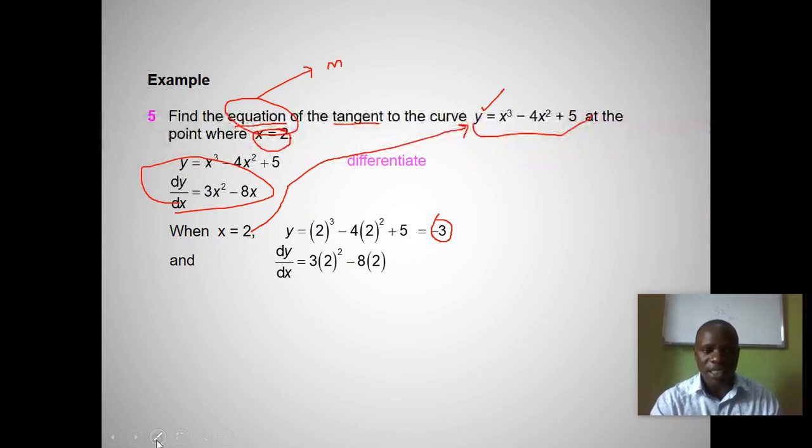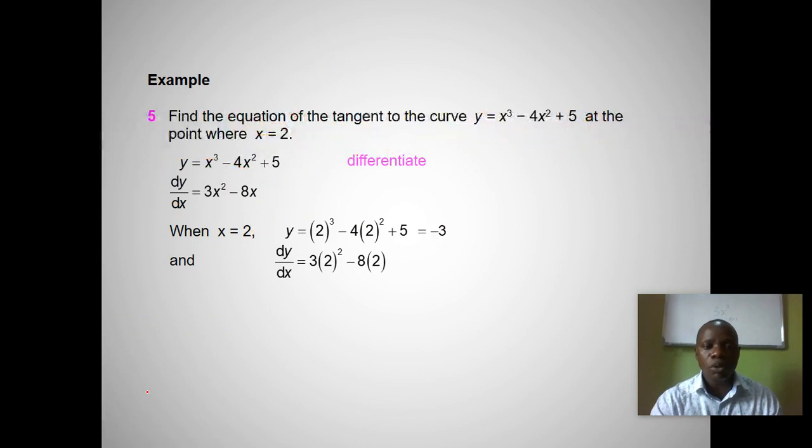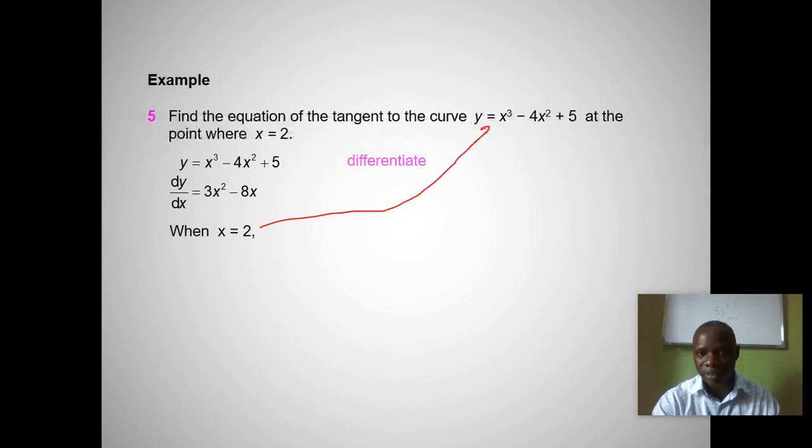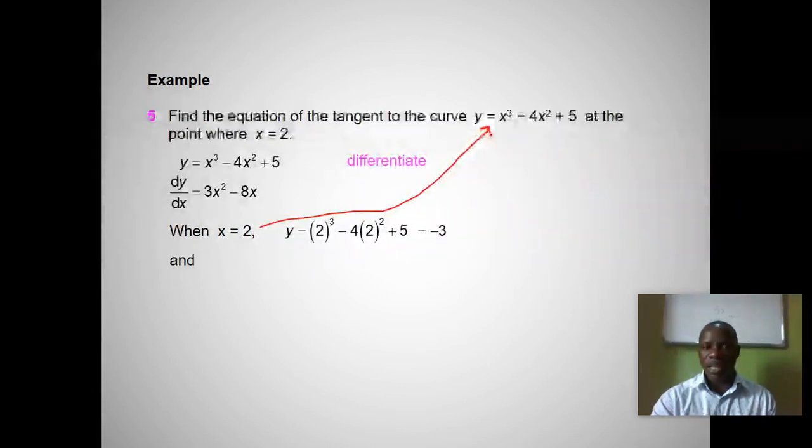We differentiated first, then went on to get x is equal to 2, placed x is equal to 2 into this to know y. So we've solved for y, and y is -3. So we have x is 2 and y is -3.